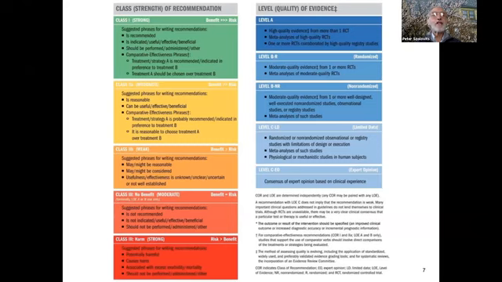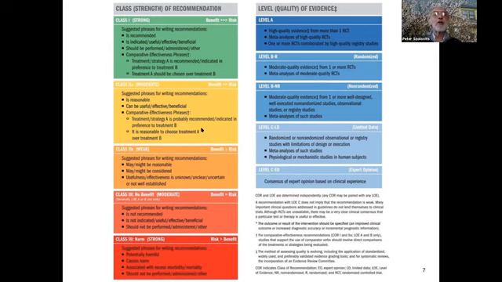The first thing they did is come up with a color-coded notion of how strong a certain recommendation should be, and another color-coded or shaded level of certainty in that recommendation.